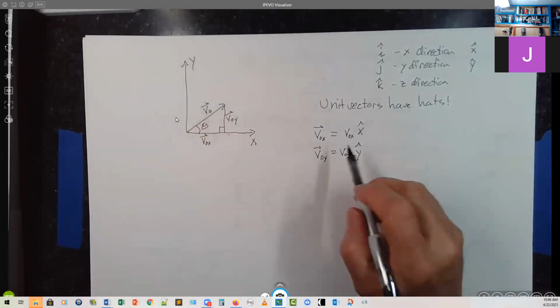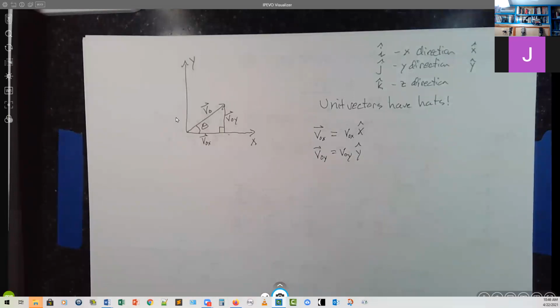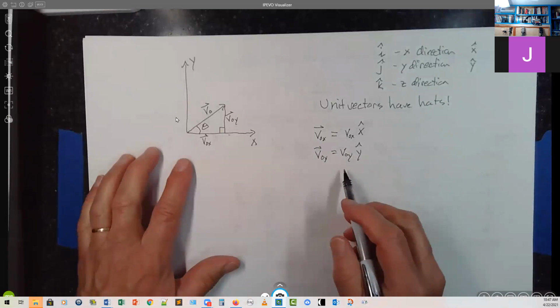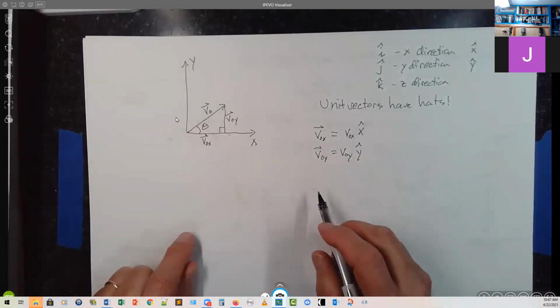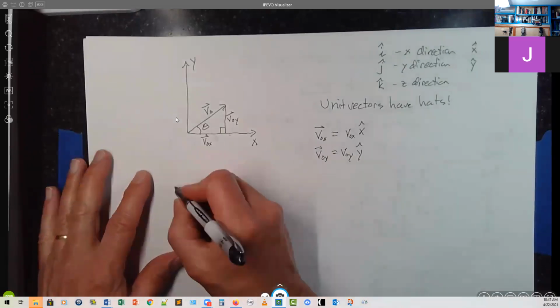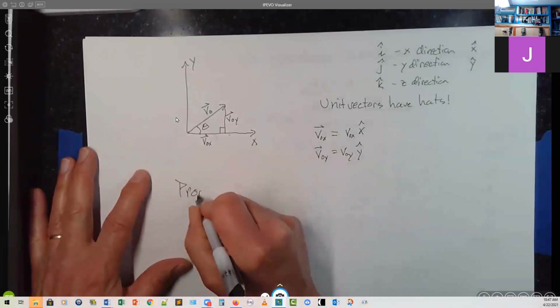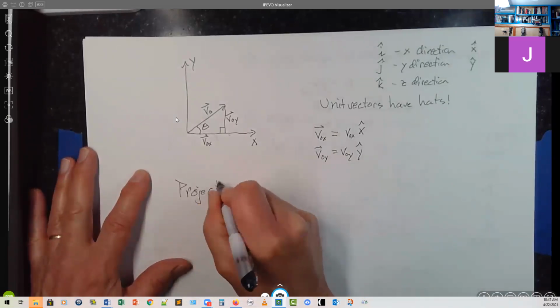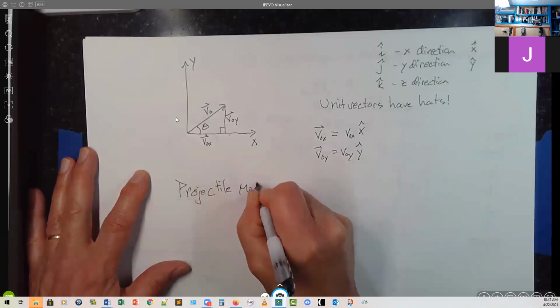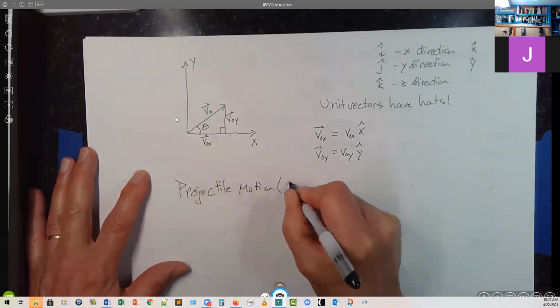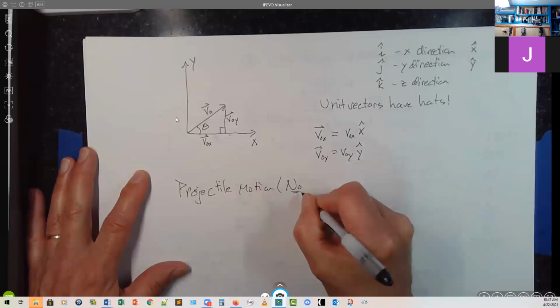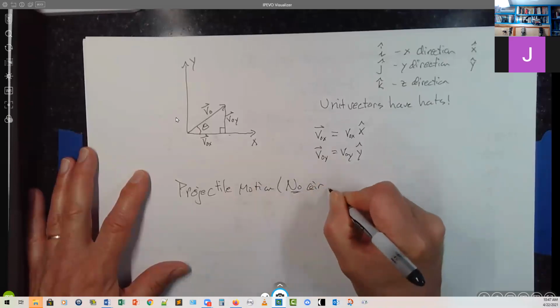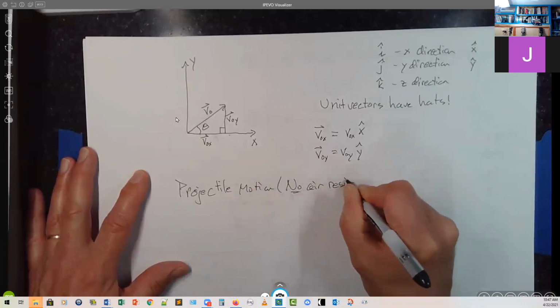Okay. Now, this is kind of abstract and mathematical, but we'll try to bring it down to things that you're a little more familiar with as we go along here. Here's the thing with projectile motion. And this will be no air resistance projectile motion, so we'll ignore that.